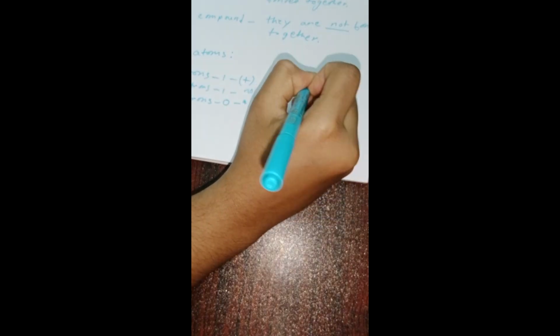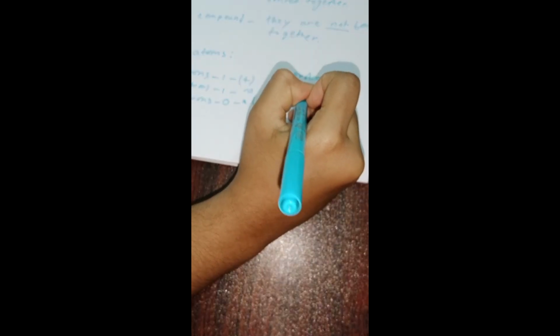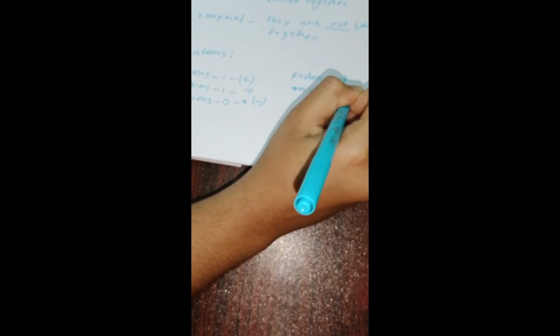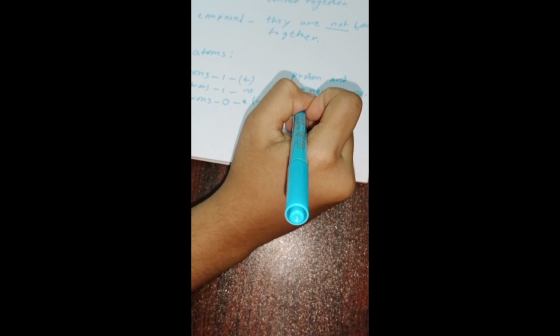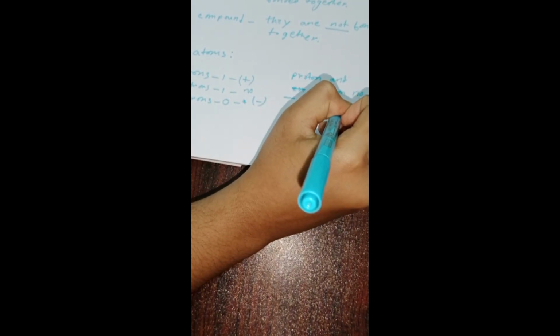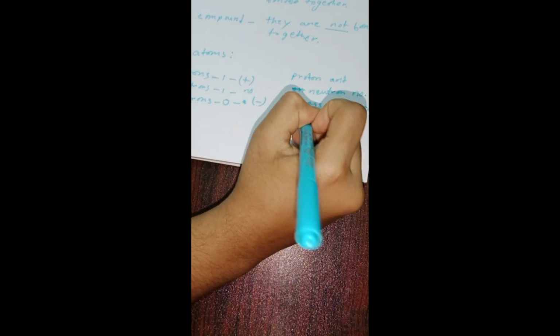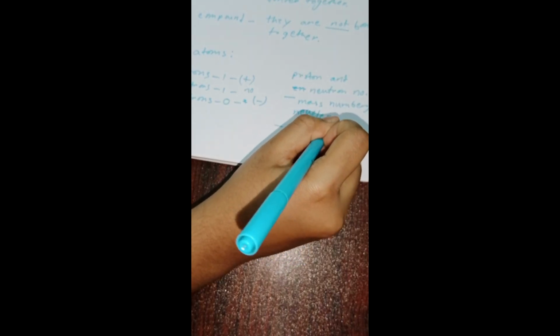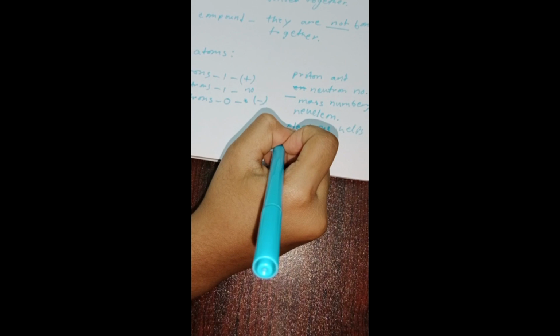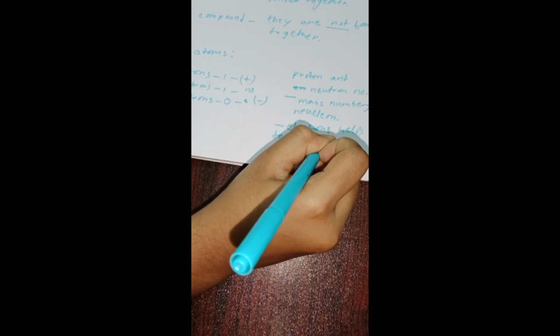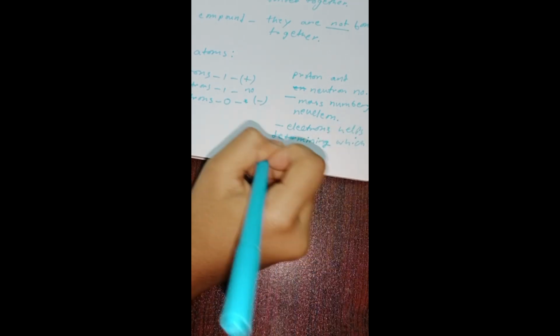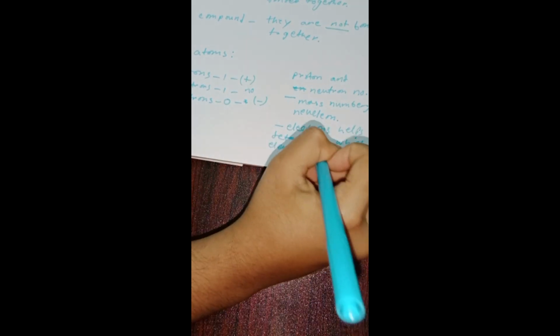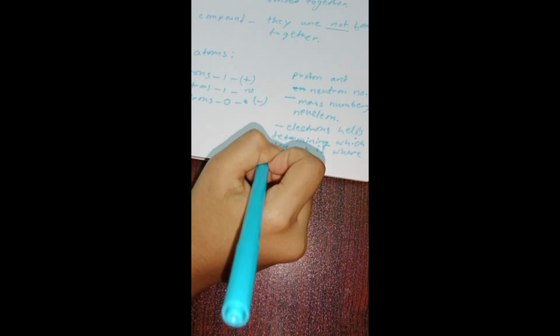So what does this explain? Well, the proton and neutron number tells you about its mass number, or in other words we can say nucleon number, and the electrons help determine which element is where in a periodic table.